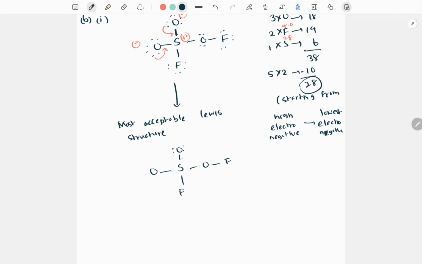Now a double bond between this oxygen and sulfur, another double bond between the other oxygen and sulfur. Now there is no formal charge distribution within this structure. That will be the most acceptable Lewis structure. Since we use dots and dashes, it is the most acceptable Lewis dot dash structure.